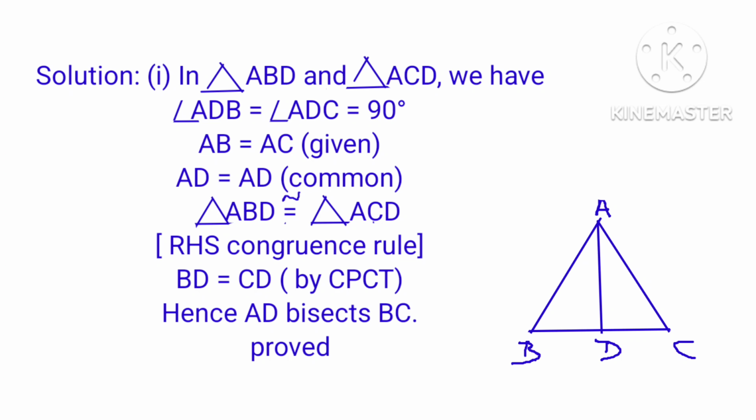AB is equal to AC, given. AD is equal to AD, common. By RHS congruence rule, triangle ABD and triangle ACD are congruent. So BD is equal to CD by CPCT. Hence, AD bisects BC, proved.